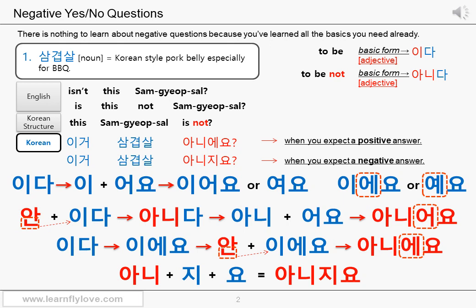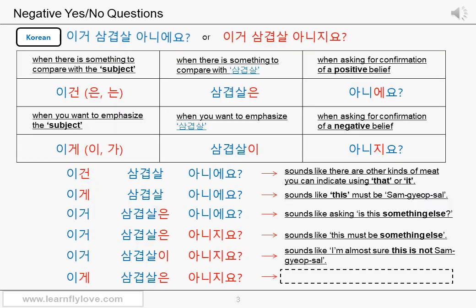Sounds like the speaker wants to say that this must be 삼겹살, right? And 이거 삼겹살 아니지요? Sounds like the speaker wants to say that it doesn't look like 삼겹살. Do you understand the difference? Okay, very good. 이거 삼겹살 아니에요? Isn't this 삼겹살? 이거 삼겹살 아니지요? This must not be 삼겹살.